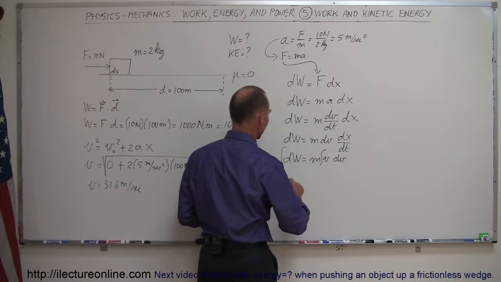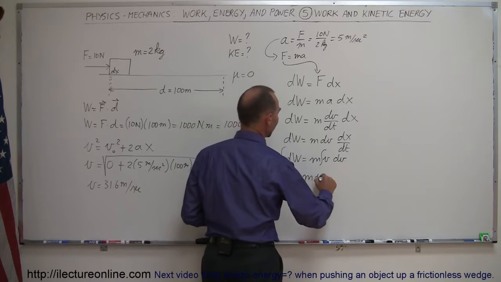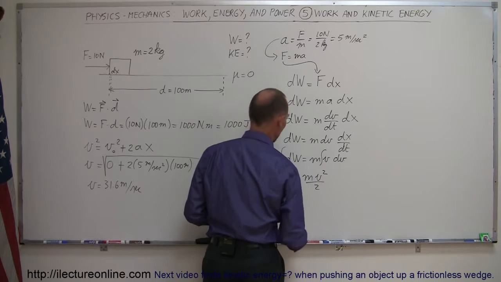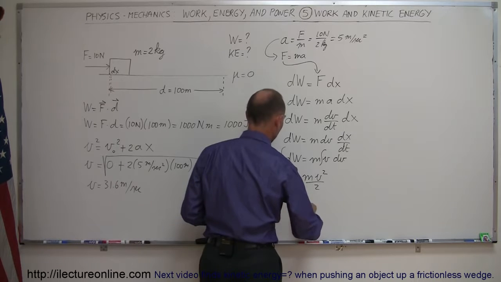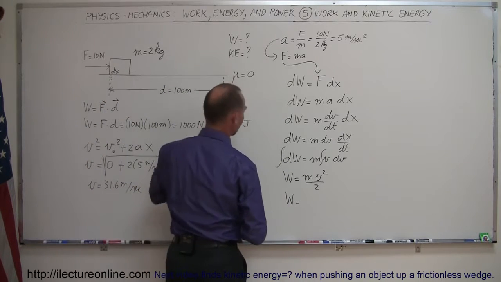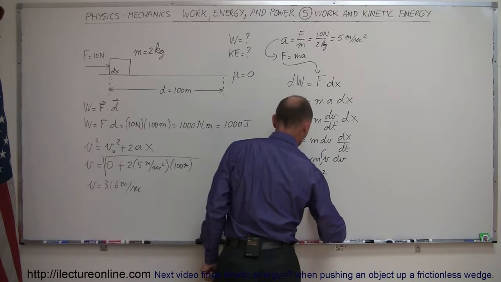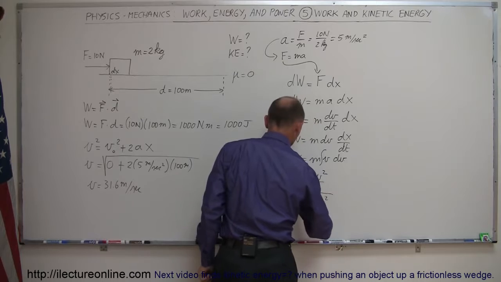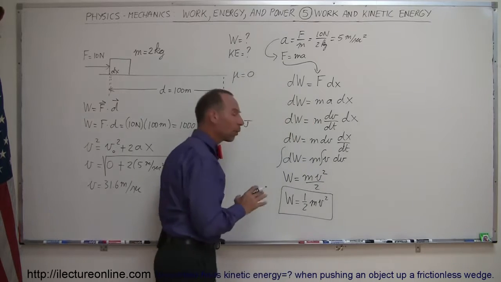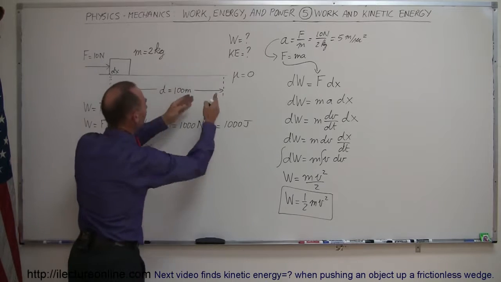Of course, m is a constant, so we get W is equal to m times the integral of v dv, which is v squared over 2. In other words, the work done to get the object to its final velocity is equal to 1/2 mv squared. So that would be the work required to move that block from here to there.